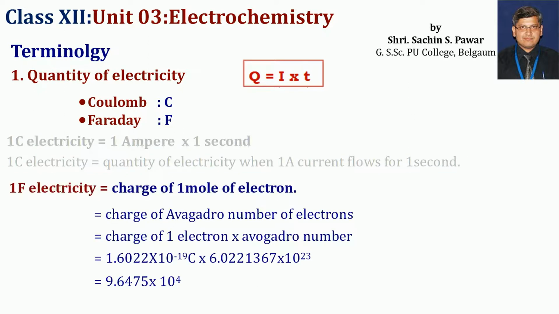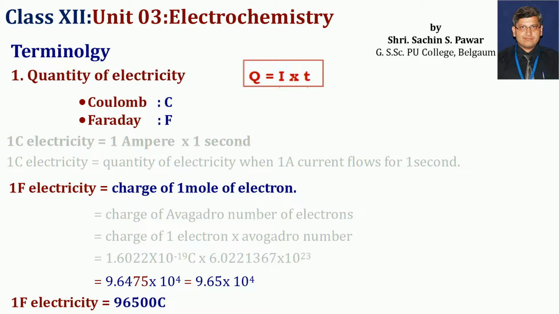Here 1 Faraday of electricity is the charge of 1 mole of electrons, and from PUC first year we know 1 mole corresponds to Avogadro number of particles, and therefore 1 Faraday is the charge of Avogadro number of electrons. And since we know the charge of 1 electron as 1.602 into 10 to the power minus 19 coulombs, if we multiply that by Avogadro's number, we will get the value of 1 Faraday of electricity, and on further simplification the value comes out to be 9.6475 into 10 to the power 4.